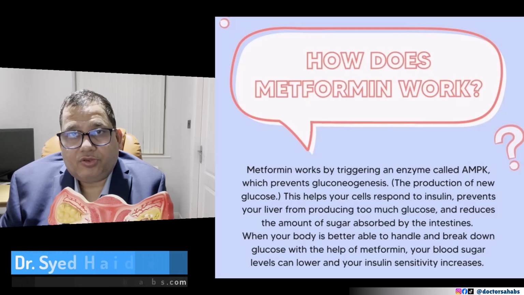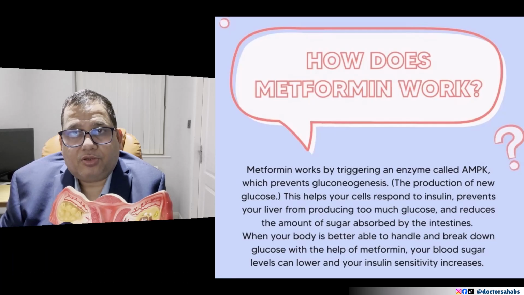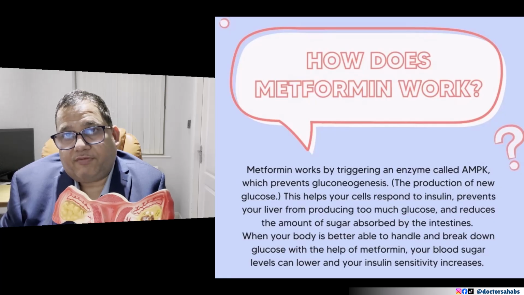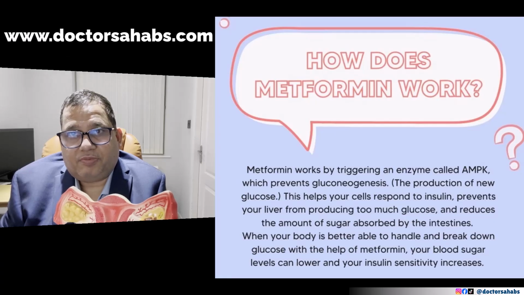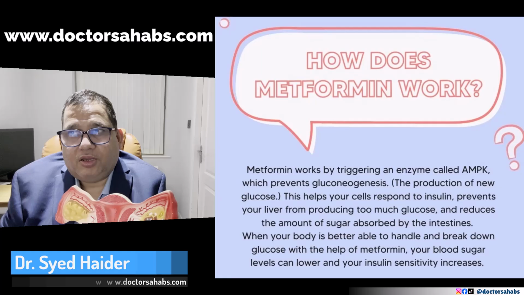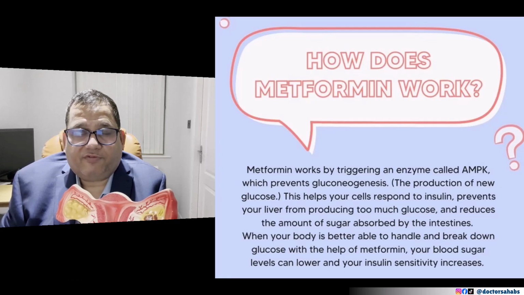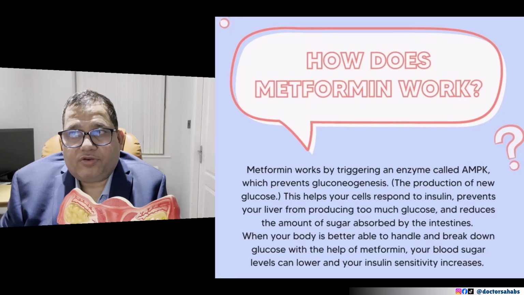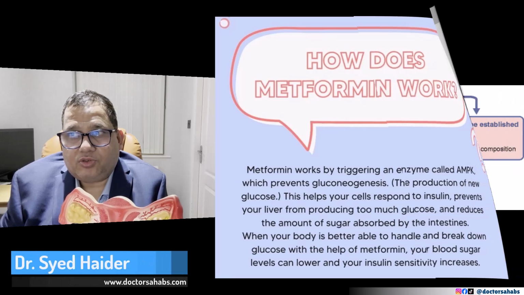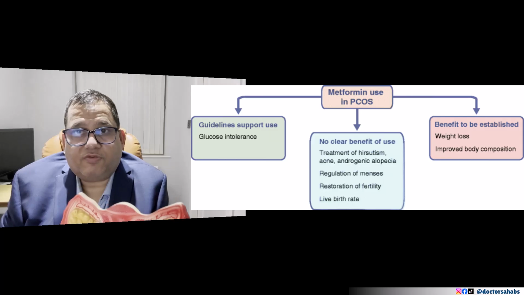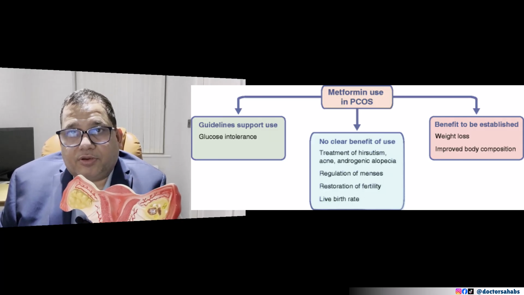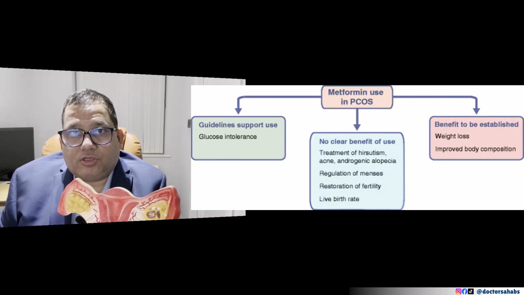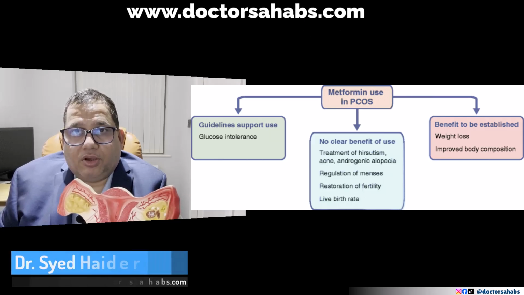Metformin is a drug usually used in diabetes patients, but sometimes, due to the higher level of insulin resistance or higher level of sugar in patients of polycystic ovarian syndrome, metformin is used to reduce the risk of developing diabetes. So that's why some patients use metformin for their polycystic ovarian syndrome.